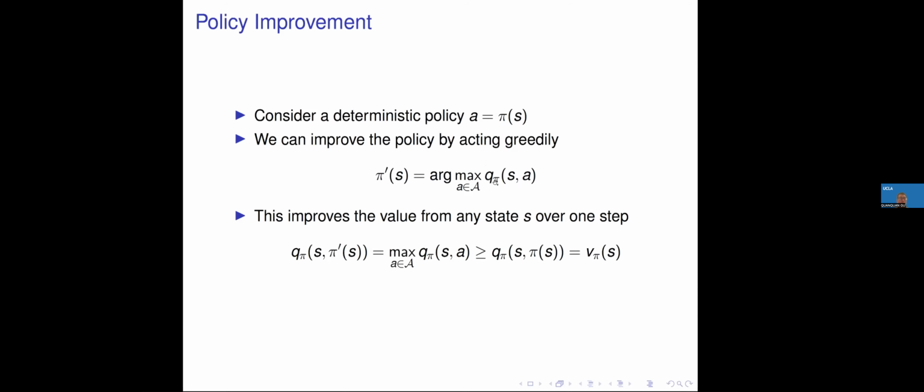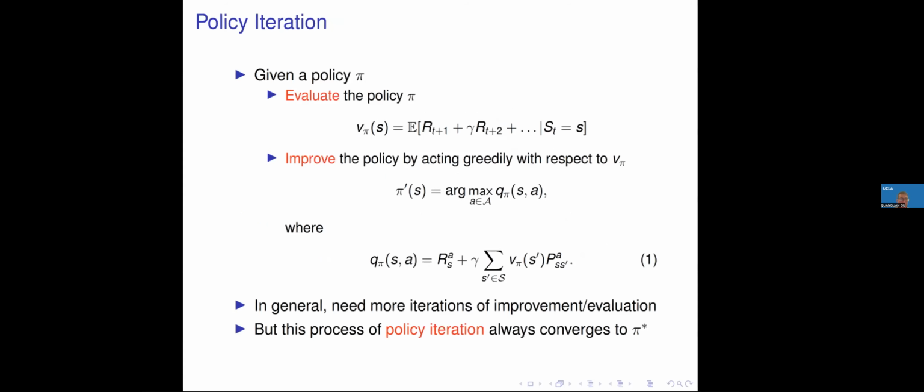In other words, once you have a policy pi, you do policy evaluation to get its value, and then you take a greedy policy to get an improved policy pi prime. This process can be called repeatedly. One step is called policy evaluation, the other is called policy improvement, and together it is called policy iteration.